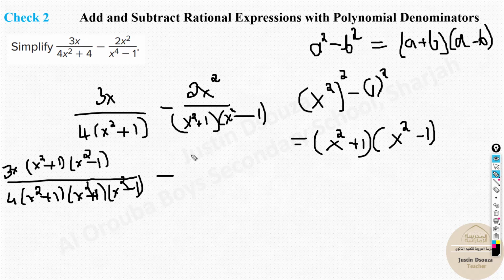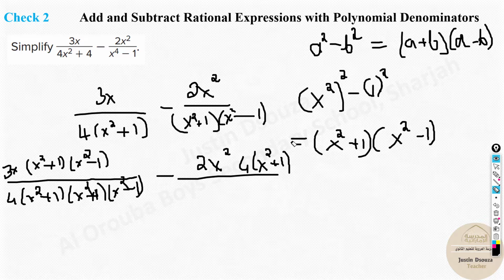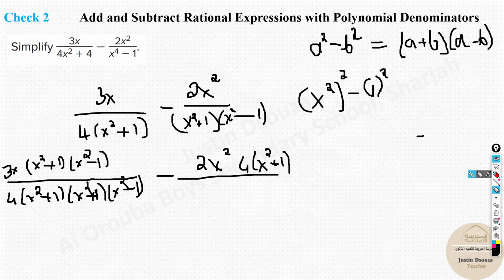And now you have minus 2x squared divided by this denominator. Okay, this denominator now will be multiplied with, I'll just put the bracket, 4 times x squared plus 1, and here it will be x squared plus 1, x squared minus 1 multiplied with this denominator.